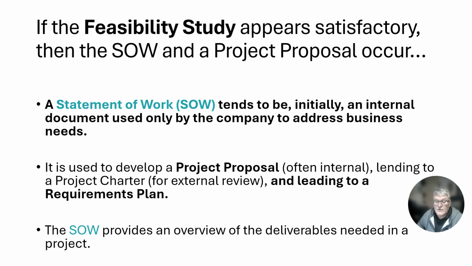Often that's still internal, leading to the project charter for an external review, typically by executive management stakeholders, and then leading to what's known as the requirements plan. That, in other words, is what is going to be required to be done through the project. It provides an overview of the deliverables at the end of the project.